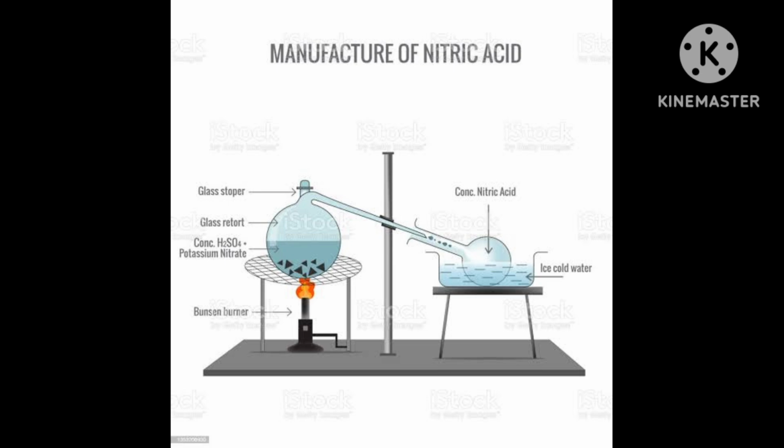So with dilute nitric acid and copper you get nitric oxide, NO, and with concentrated nitric acid and the same copper you get NO2, nitrogen dioxide. Correct?